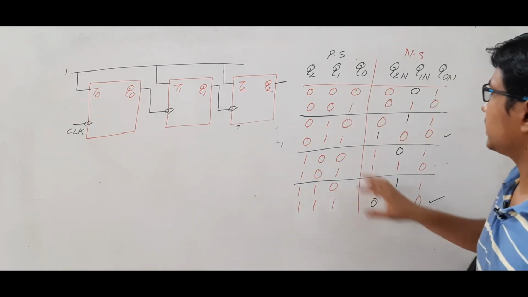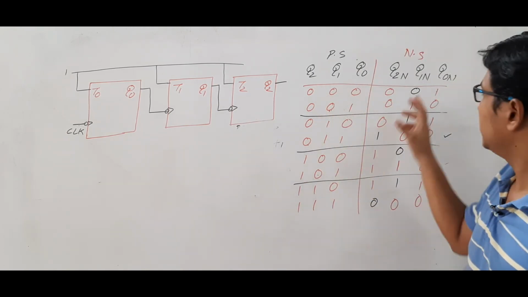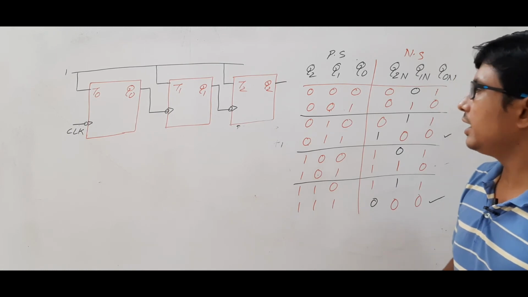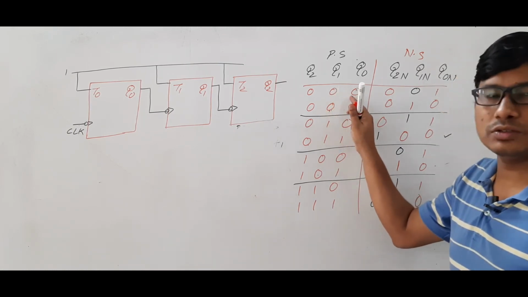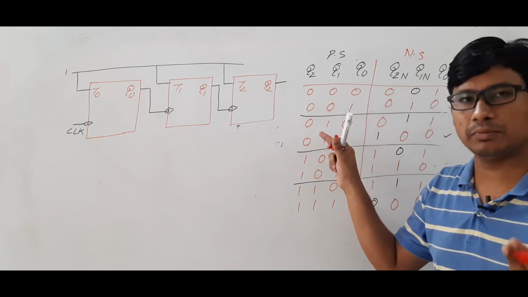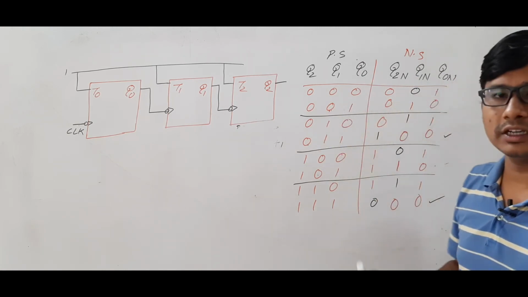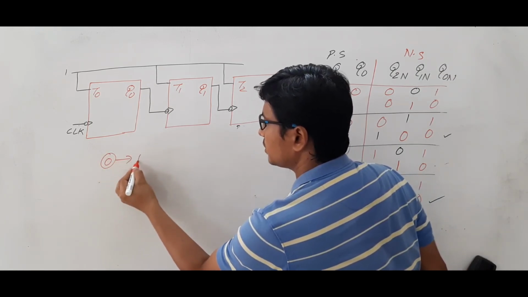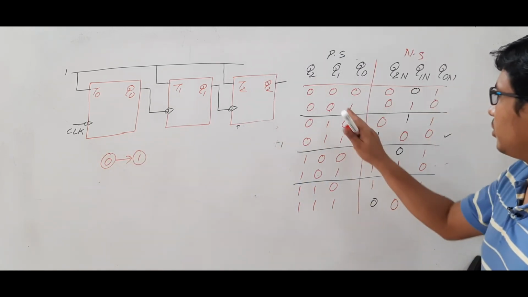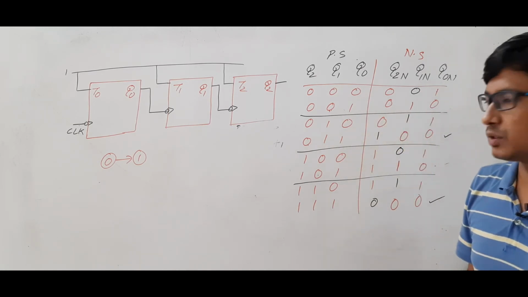Now if you look at it, when it is 0, 0, 0, it is going to 0, 0, 1. Let me convert them into decimal numbers so that you can easily understand. 0, 0, 0 is decimal 0. 0, 0, 1 is nothing but 1. So, from state 0, it is going to state 1. From state 1, it is going to state 2.